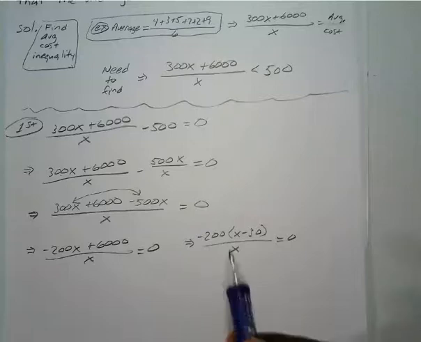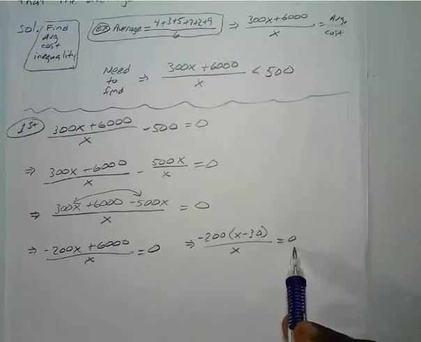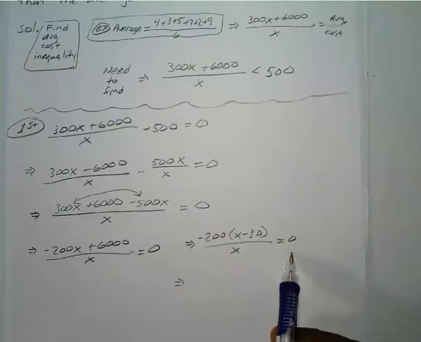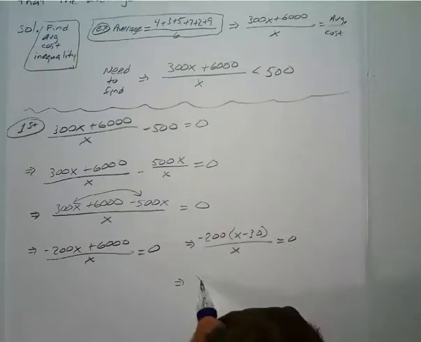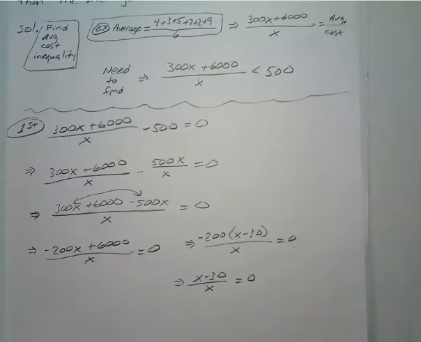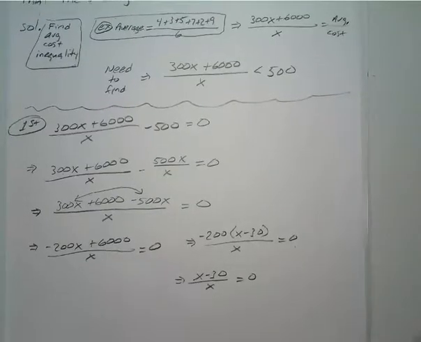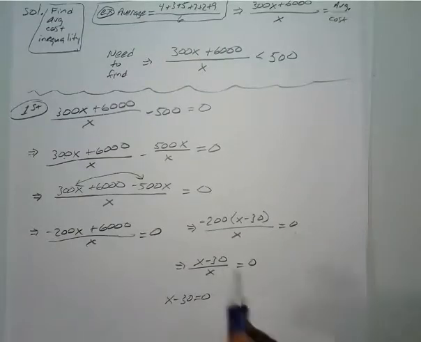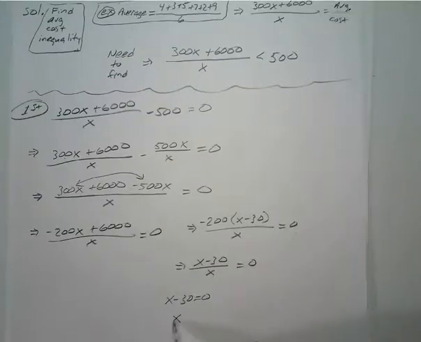If we divide both sides by negative 200, you have 0 divided by negative 200, which is 0, so that would cancel out. So we have x minus 30 over x equals 0. That means that x minus 30 equals 0, because remember, 0 divided by anything will be 0. Add 30 to both sides.